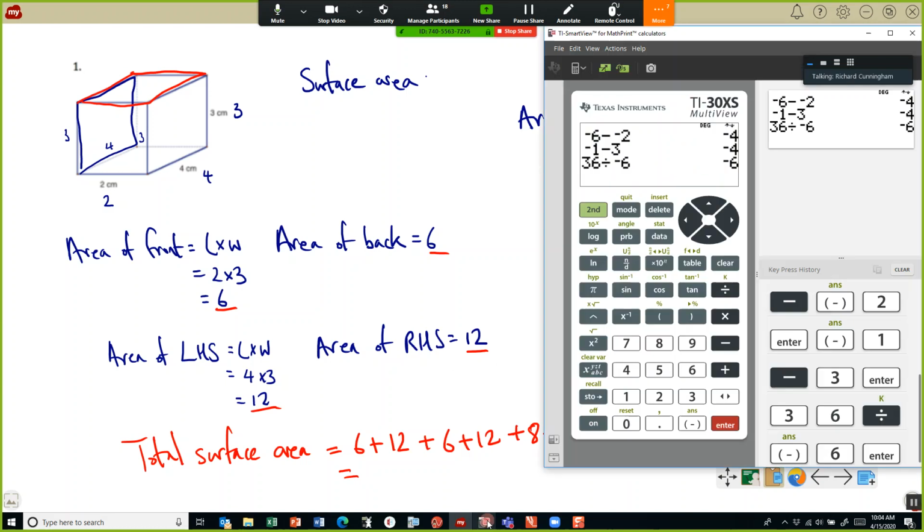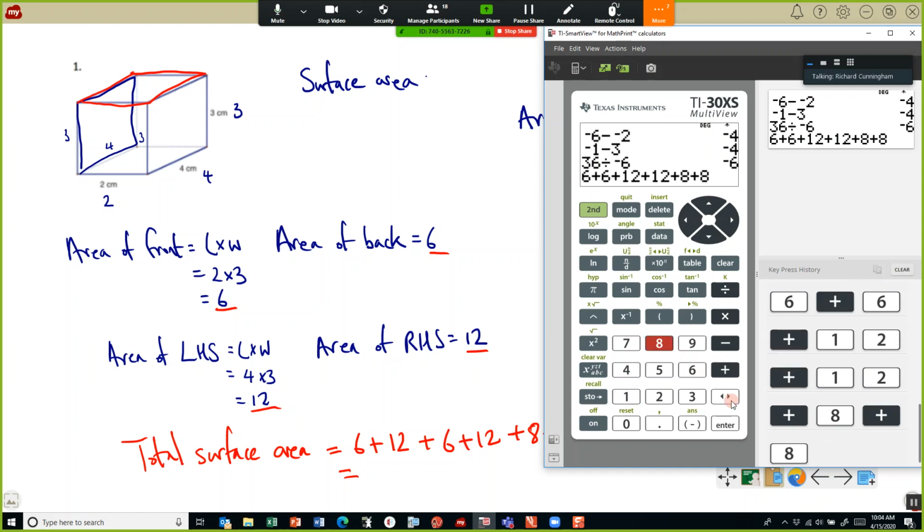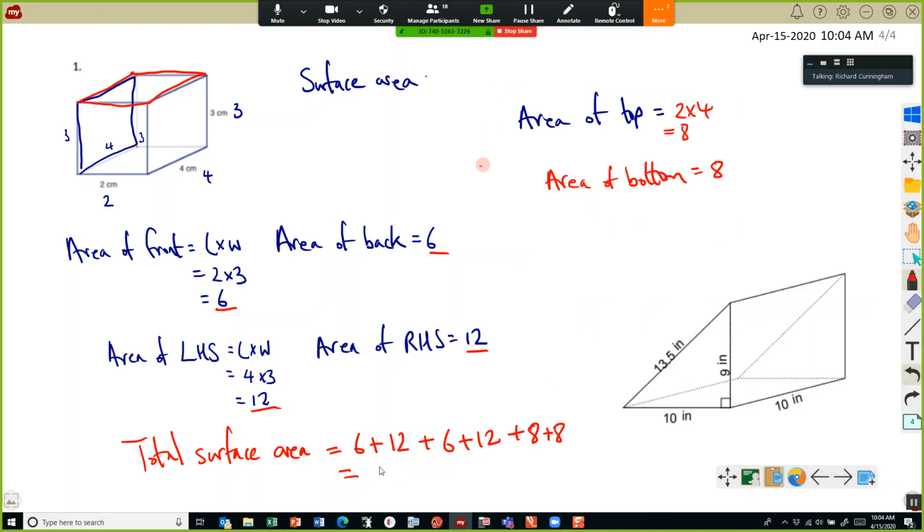And if I put that into my calculator, I've got 6 plus 6 plus 12 plus 12 plus 8 plus 8. I get 52. So the surface area is 52 centimeters squared. Easy enough?